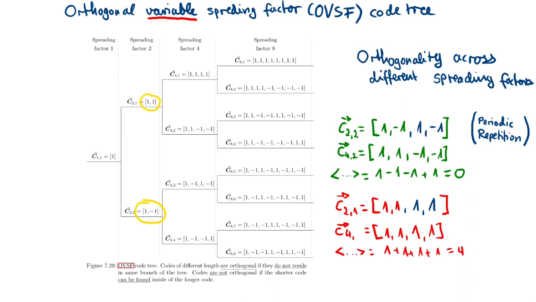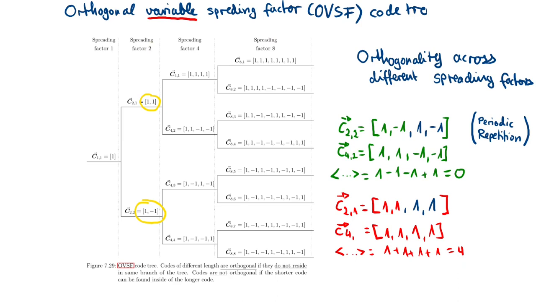But now you want to implement a system where different users use spreading codes of different length. So of course, if you use a spreading factor of 8, you have a lower data rate than if you use a spreading factor of 2.